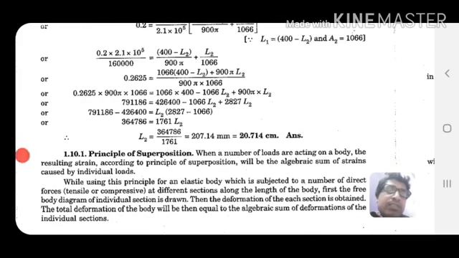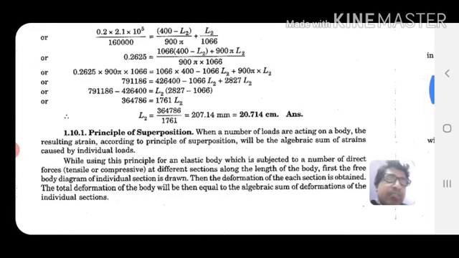After calculating, we get 1066 L2 plus 2827 L2, so L2 is equal to 207.14 millimeter. If you convert into centimeter, that is equal to 20.714 centimeter.